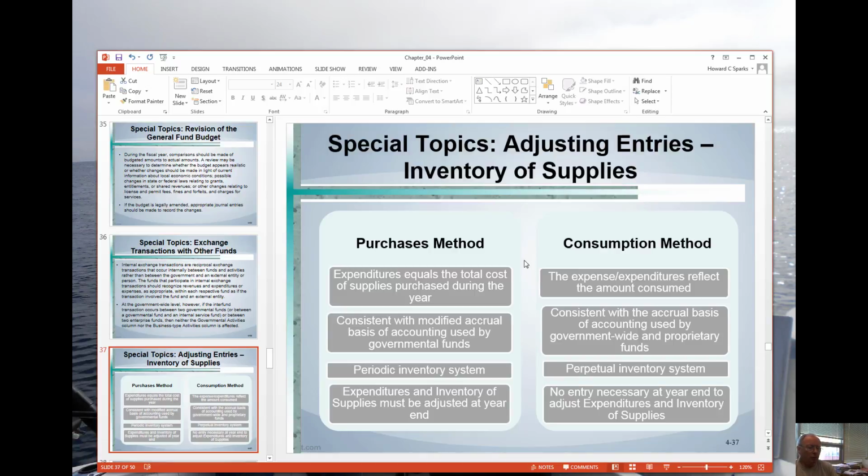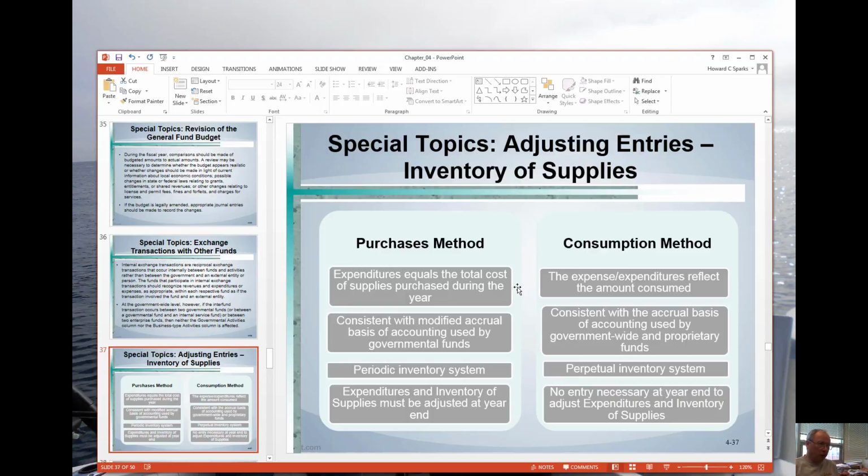Inventories, again, this is a little bit tricky area, and we'll work through the example, but I think the book does a decent job with this, but it is a little confusing. One is the purchase method. That's like the income statement method parallel for introductory accounting, where when you make purchases of supplies. And this is just supplies because our inventories are just incidentals that we would use to support public works, public safety, whatever, general government.